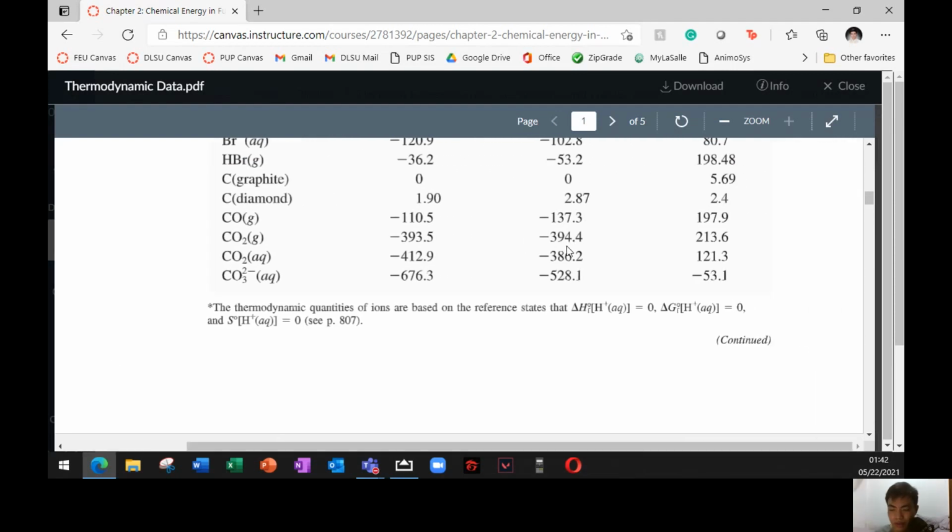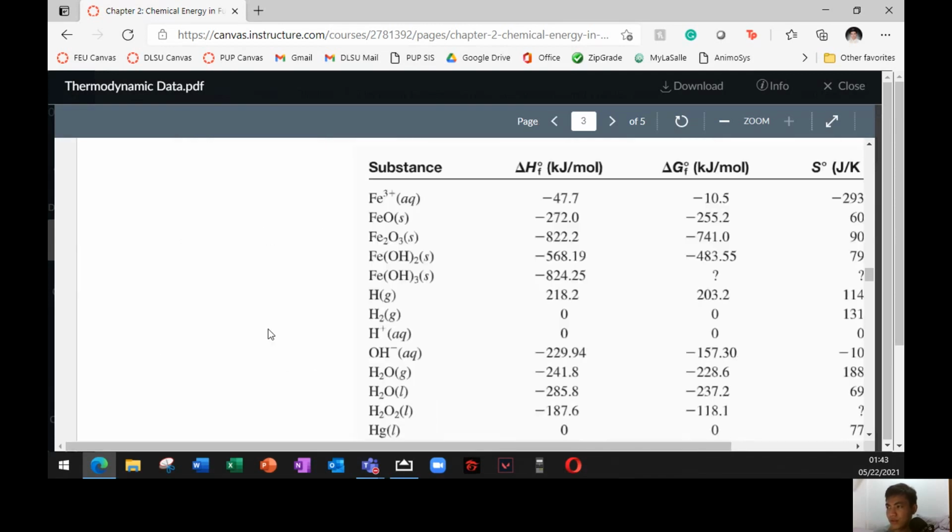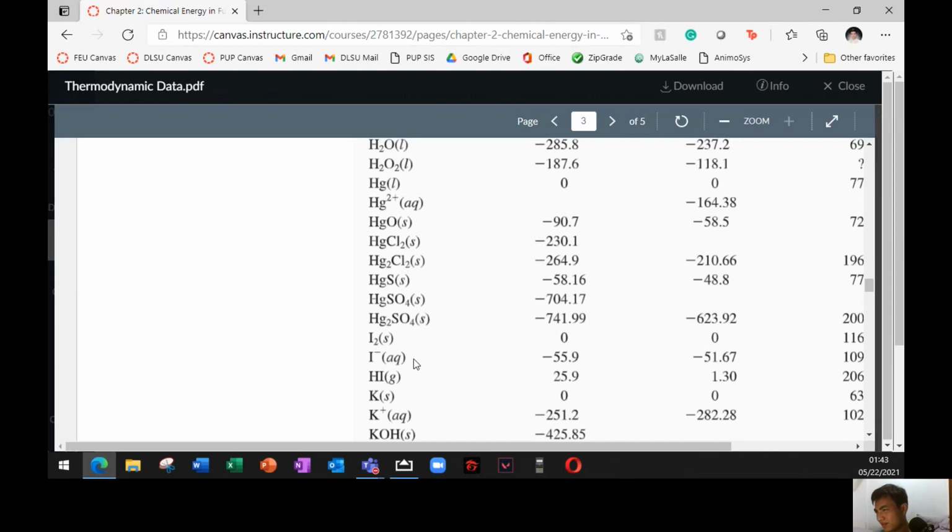So this one, negative 394.4 kilojoule per mole. And then we have the water. Take note that the water should be in liquid form. Baka kasi makuha nyo is yung nasa gas form. So water in the liquid form, H2O.